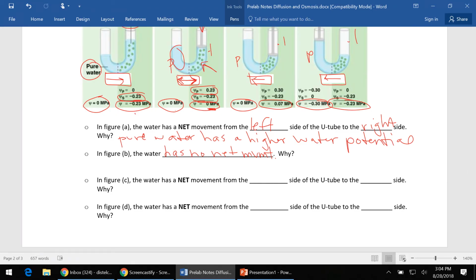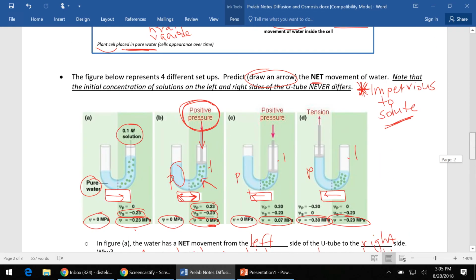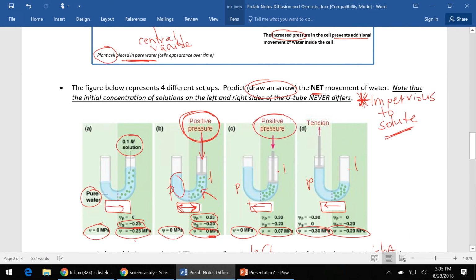So for the why here, I'm just going to say added pressure to the right side set those water potentials to be equal. In figure C, the water has a net movement from the right to the left. Why? Again, positive pressure.